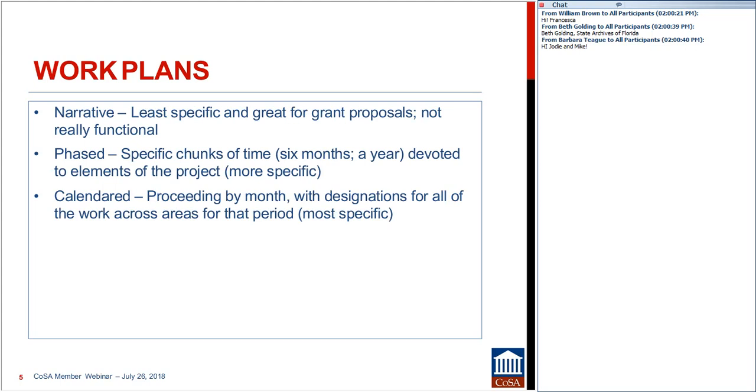there are lots of different variations in the way that work plans are formed and communicated in the world, and they serve lots of different purposes. Probably the kind of work plan that we're all most familiar with, because it is a natural part of a project proposal or pitching an idea to an administration or funders, is a narrative work plan where one tells the story of how a project will be completed.